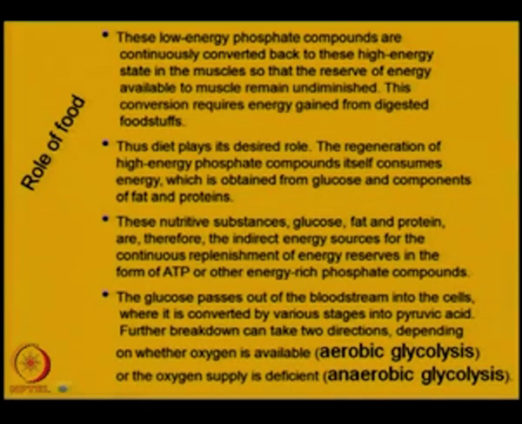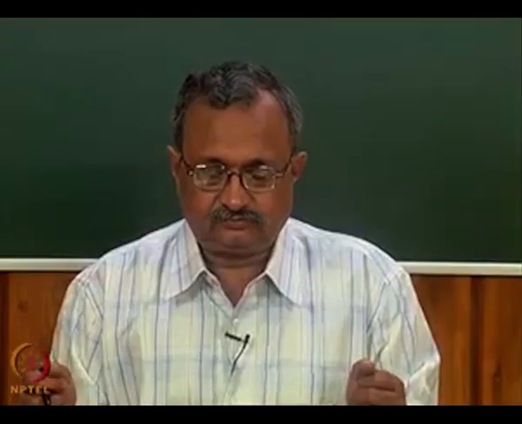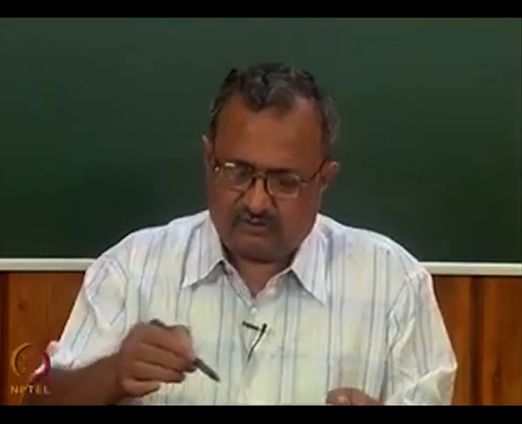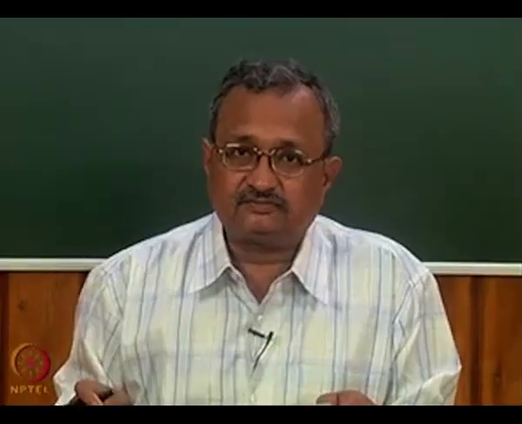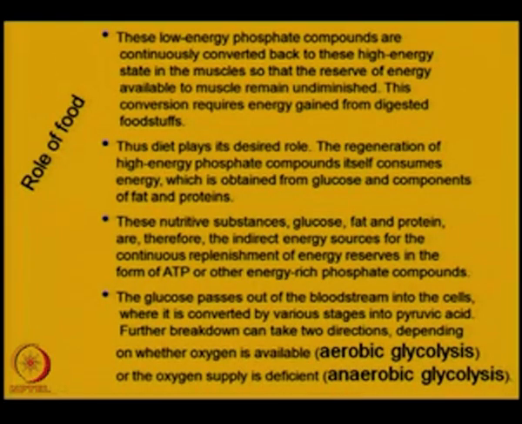Now, the role of food. How do we get the energy? If we see this slide, it is specifically mentioned that these low energy phosphate compounds are continuously converted back to the high energy state of the muscle, so that the reserve of energy available to the muscle remains undiminished.